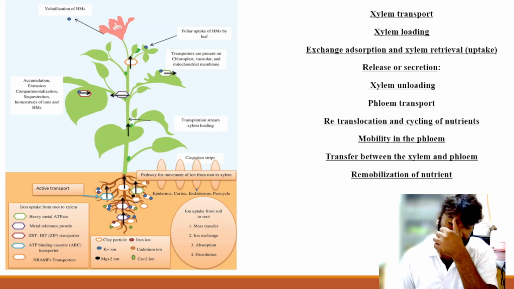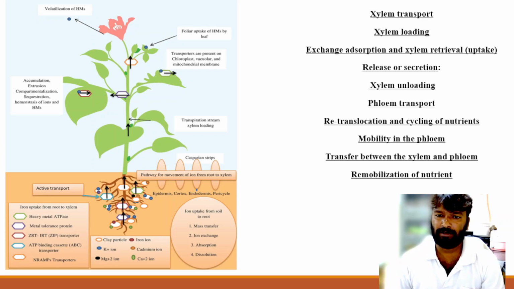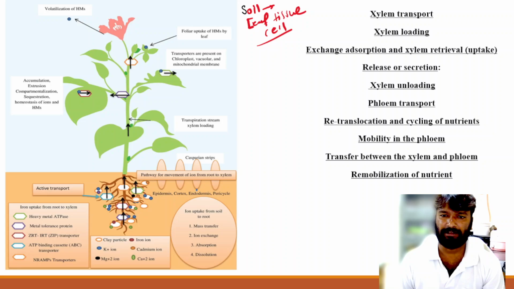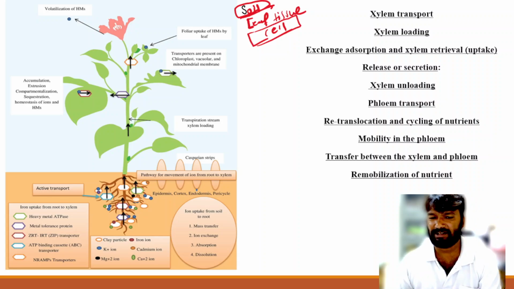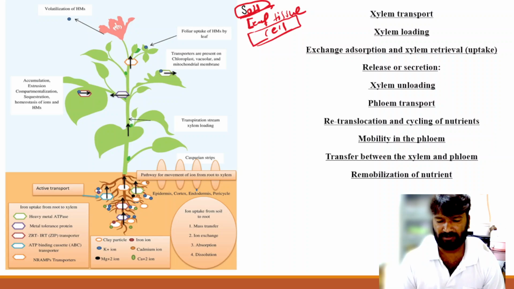So friends, you know that the nutrients are moved from the soil to the leaf, tissue or the cells. So soil is the source of the nutrients and the cells are the ultimate targets where they reach. Okay. So first the nutrients reach from the soil to the xylem.